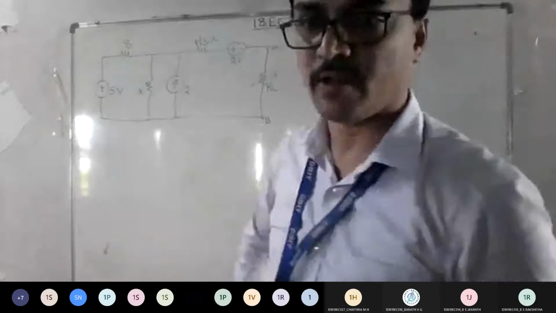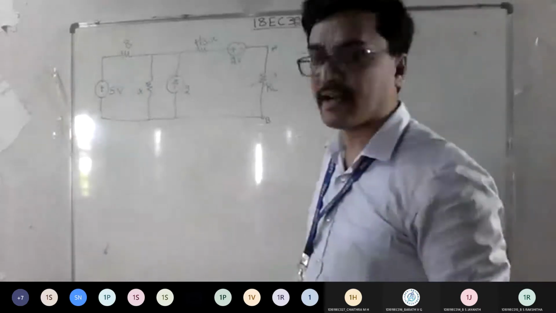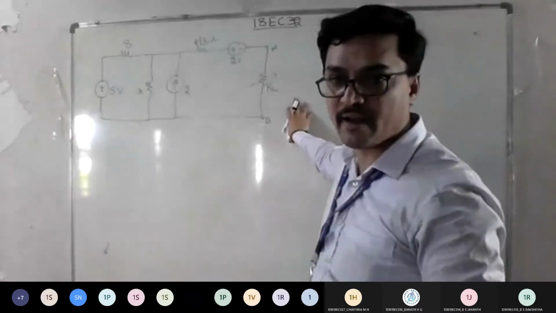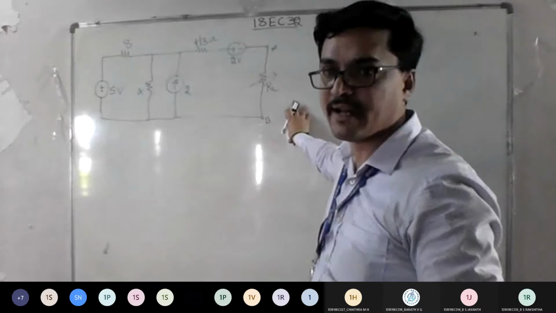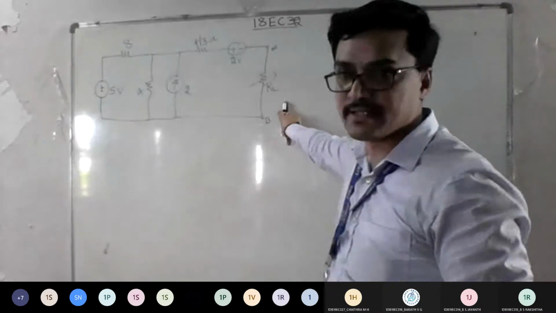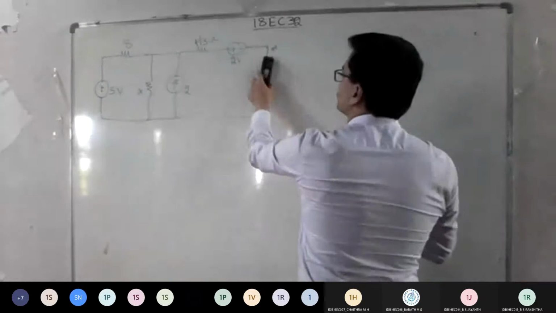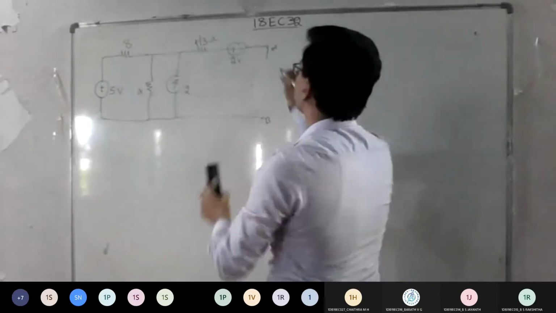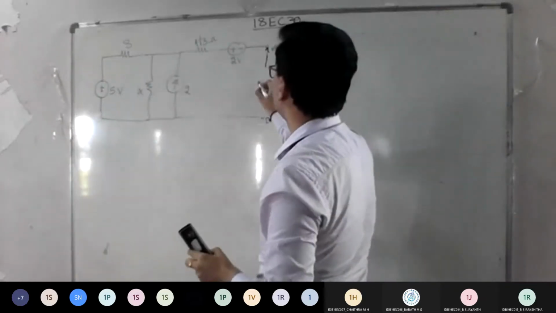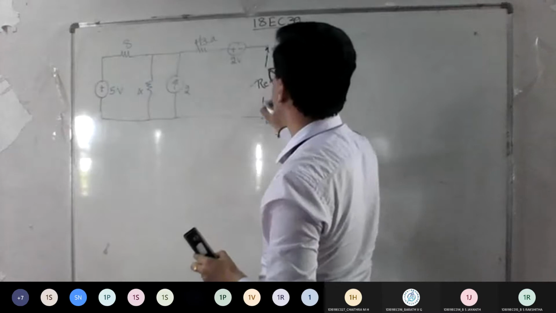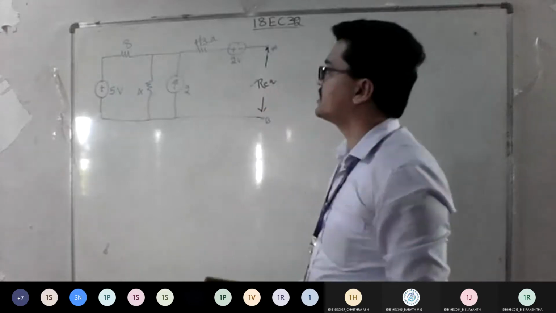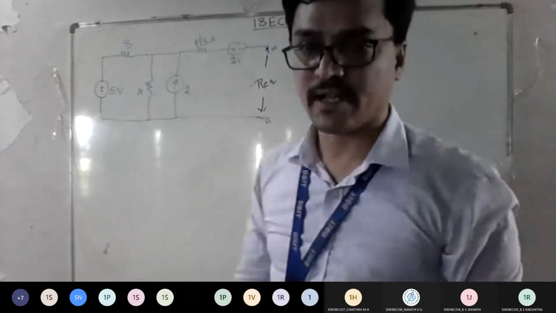Okay, so now tell me how to solve. So load they have calculated. So this is what you should find, RL or R equivalent. So to find this, what's the procedure? So replace your load with R equivalent. Okay, so there is a voltage source also, there is a current source also.